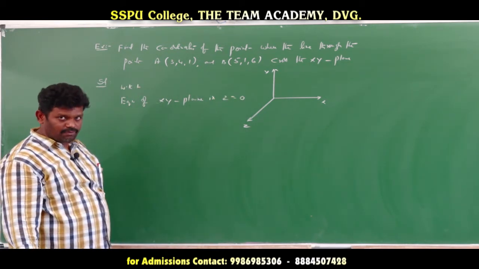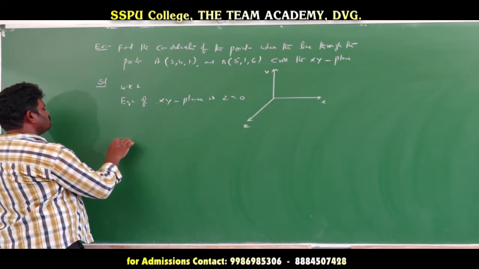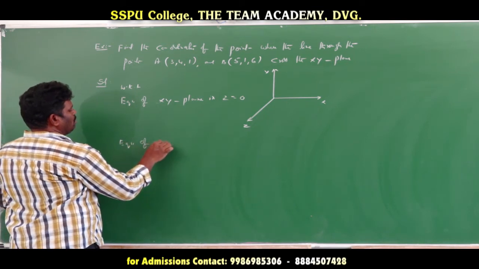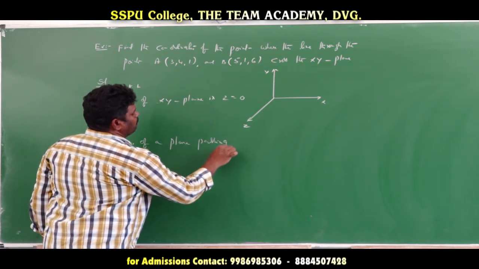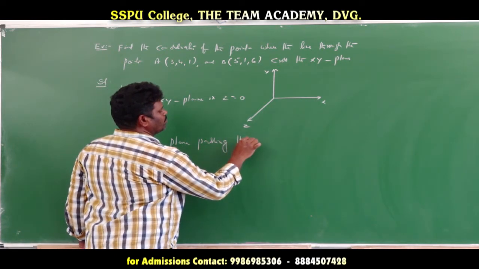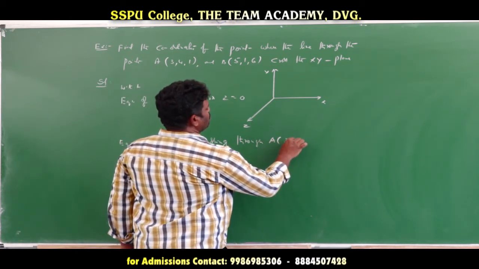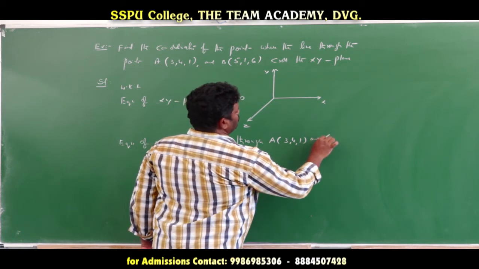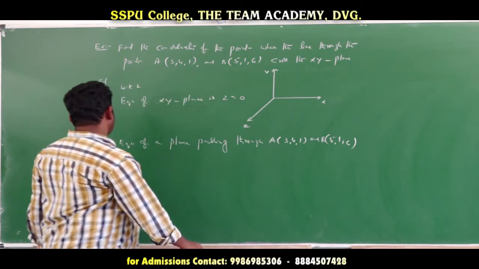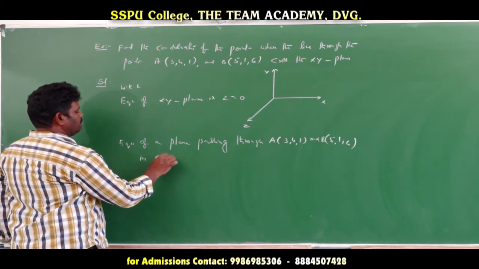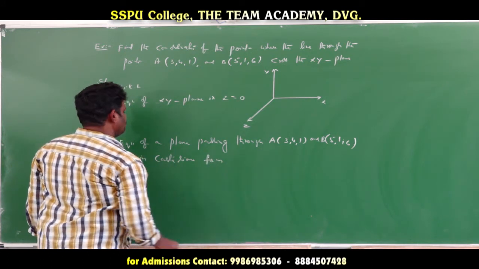Now let us write the equation of the line passing through A of 3, 4, 1 and B of 5, 1, 6 in Cartesian form.